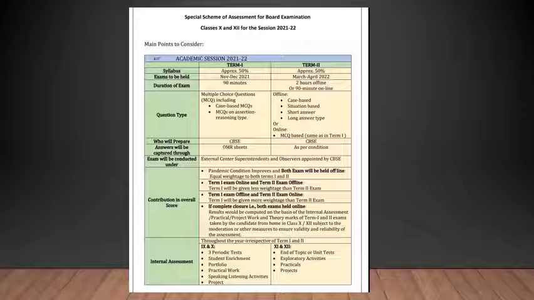So we are seeing all these main points now. Keep in mind whatever the scenario, the term 1 examination is also very important, and internal assessment is also very important.